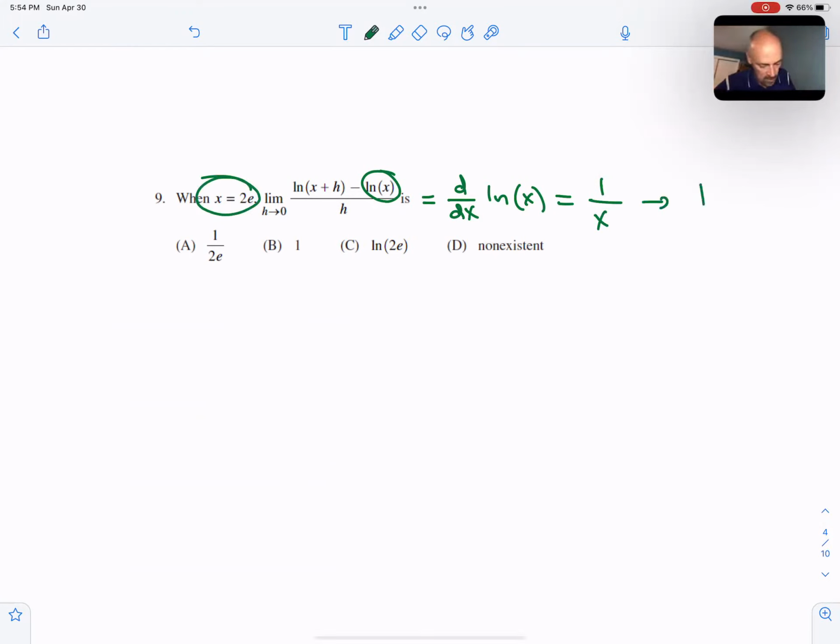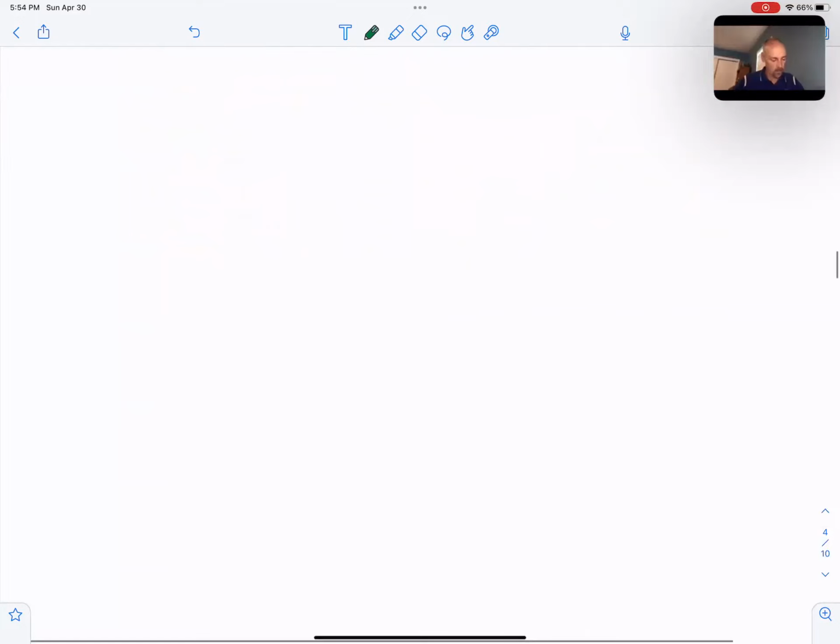So now we just have 1 over 2e. That's a. If we didn't recognize it as the limit definition of the derivative, it would have taken a little bit longer, would have evaluated it maybe subbing in the 2e for x here and here, and then using L'Hopital on that. We would have got plug and pray, would have got indeterminate form, and so L'Hopital would have been appropriate. Great. Moving on.